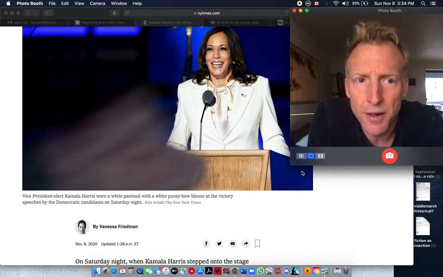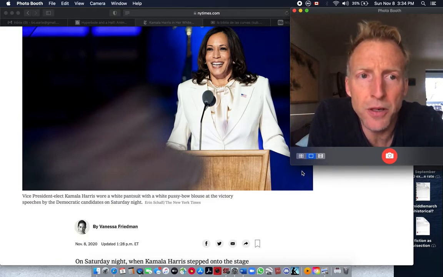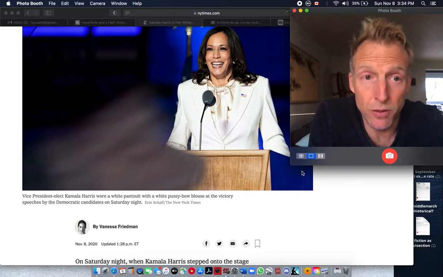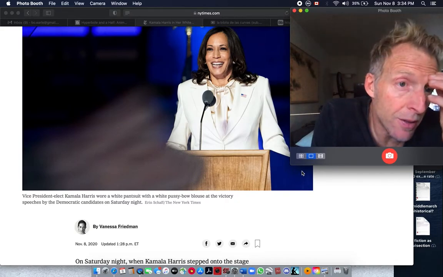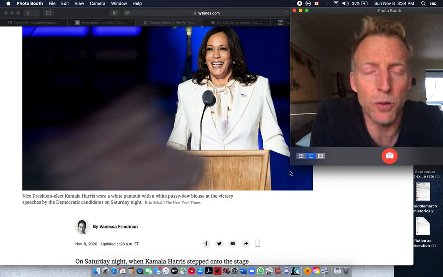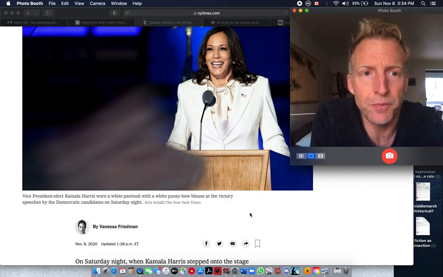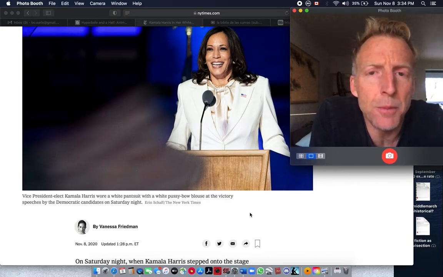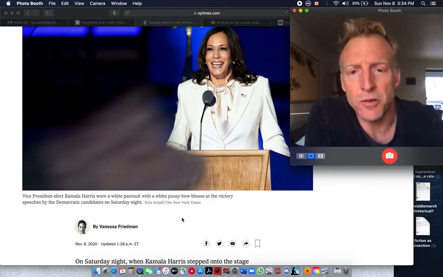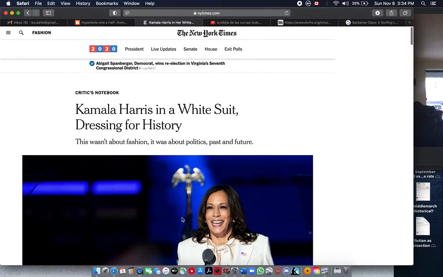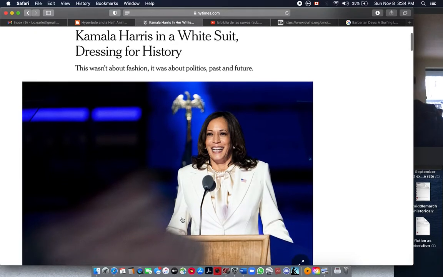This symbolic function is really important. It was made really evident in her appearance last night. There's an article about it in the New York Times about her outfit.